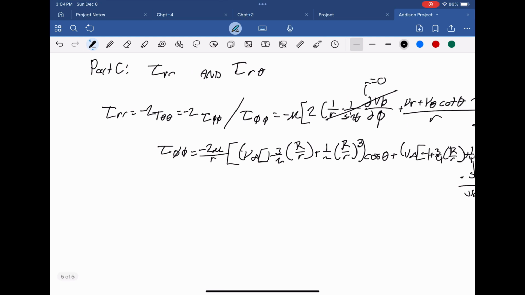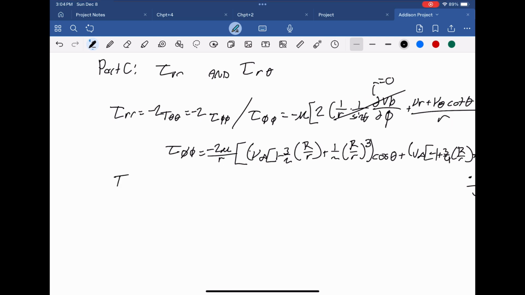And we're now going to try to simplify this equation. The first thing we know that we can pull out for this tau theta is going to be the V infinity and the cosine.